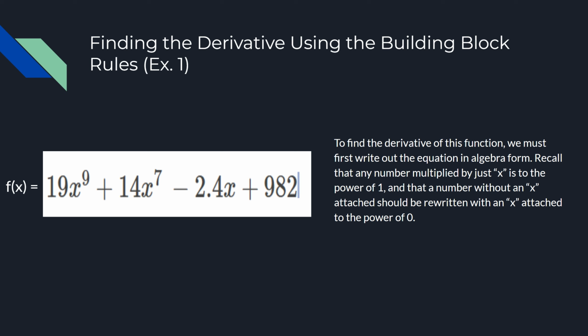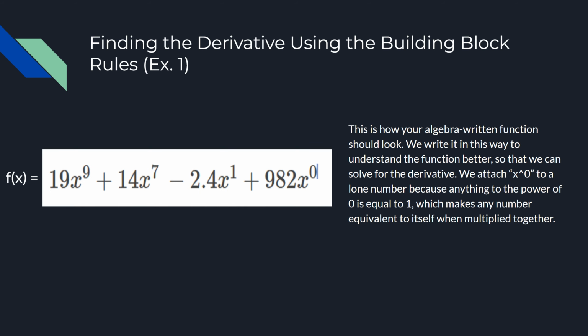And a number that is not attached to a variable would just be attached to x to the power of 0, because anything to the power of 0 equals 1, and that would make 982 by itself. And as we can see, this is how your function should be written.